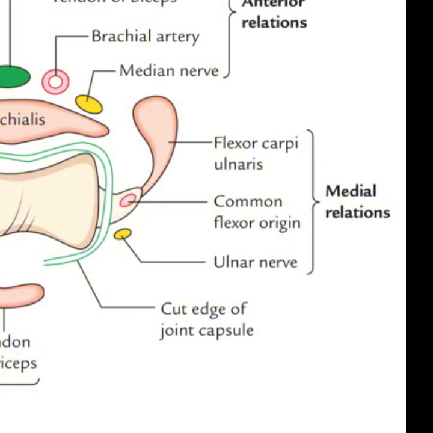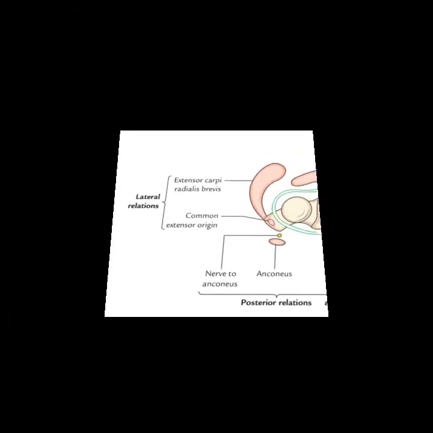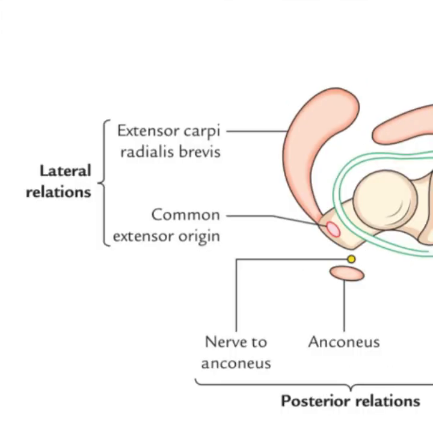Also, your flexor carpi ulnaris is among your muscles of the anterior compartment of the forearm. So let's continue. Now we have the lateral side. The common flexor origin of all the muscles of the anterior compartment of the forearm is from the medial side.